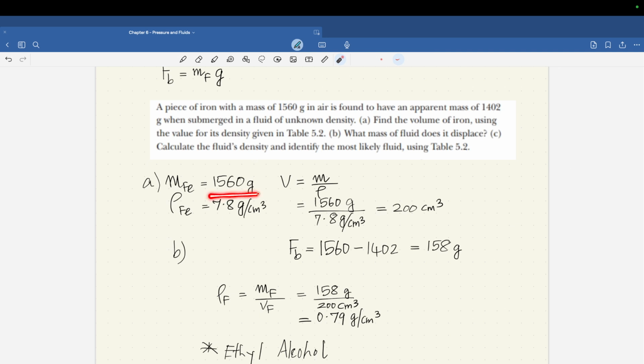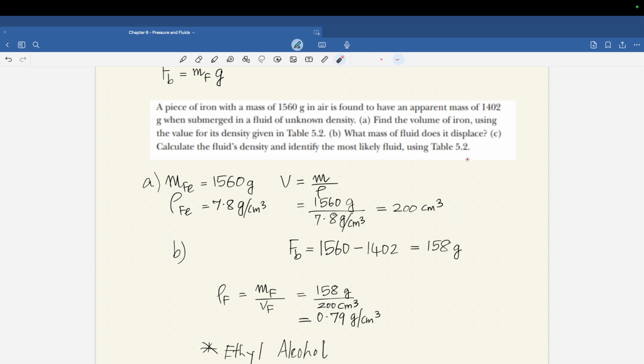Since the mass is in gram, I have the density also in gram per centimeter cube. And volume is mass by density. Last chapter we saw that density is mass divided by volume, wasn't it? Yep. When you cross multiply or rearrange, you get volume as mass by density. When you do the math, you get the volume of the piece of iron.